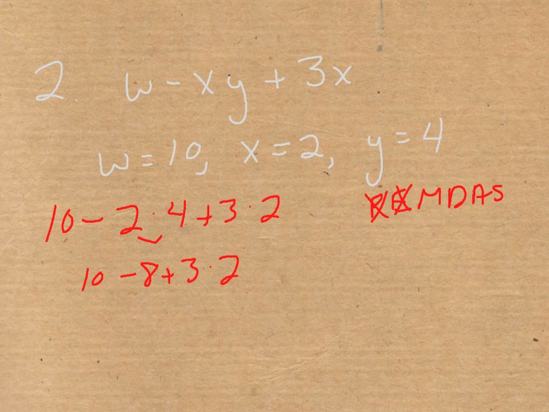My last multiplication part is 3 times 2. 3 times 2 is going to give me 6, and I'm going to copy down the rest of the problem. The next step that I want to do is 8 times, sorry, that's not right. I need to do 10 minus 8.